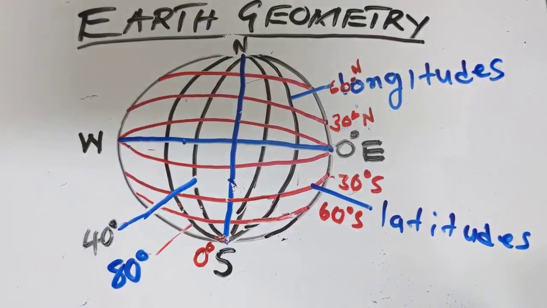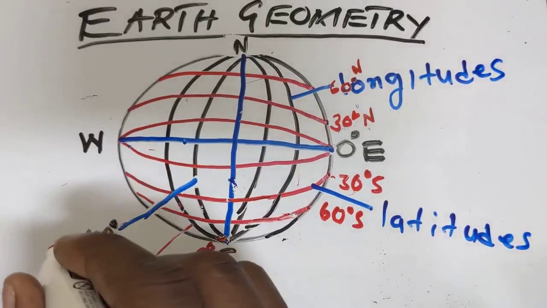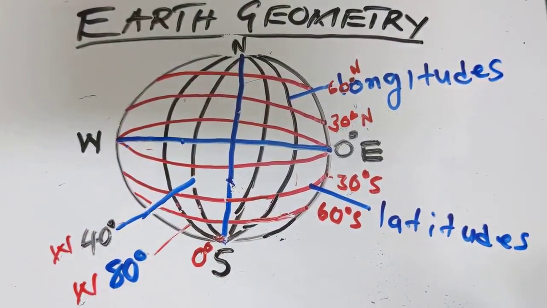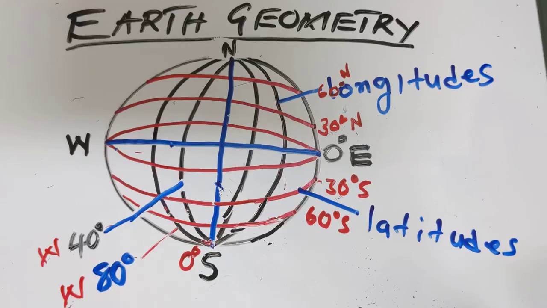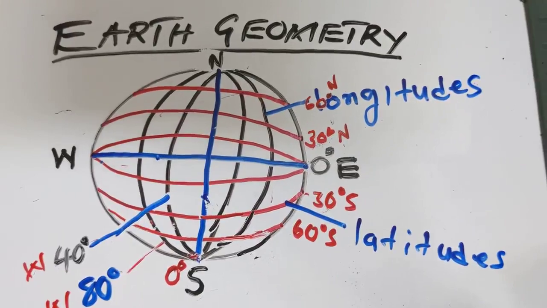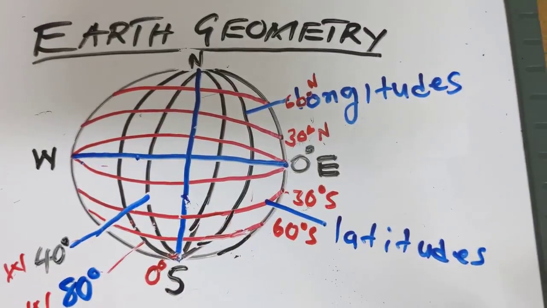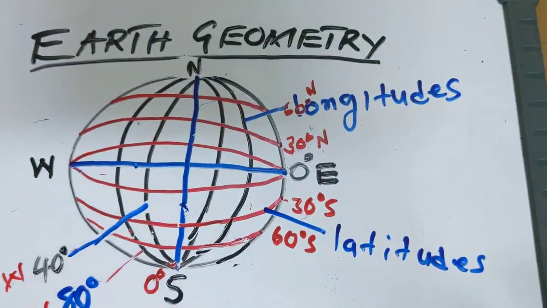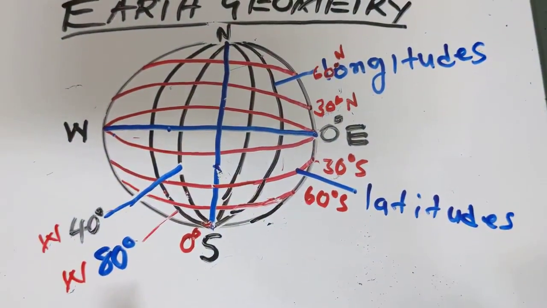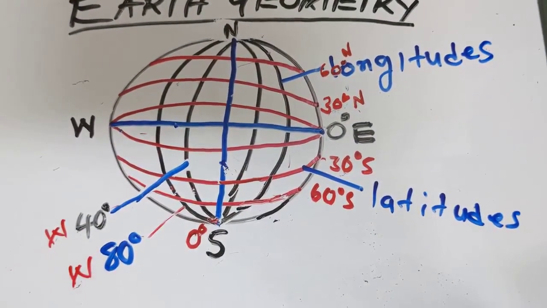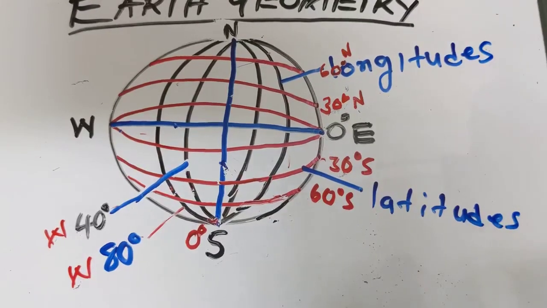This is west, this is west, like that, as simple as that. Let's try to name them. I think like that you are able to understand, you're able to see everything. So those are the important things to note on earth geometry.